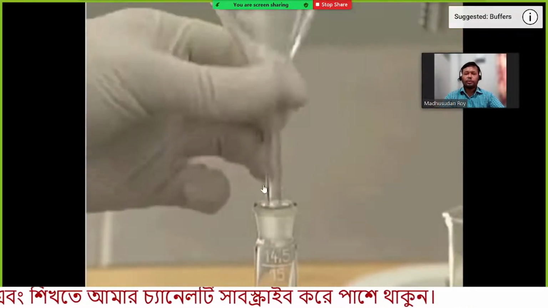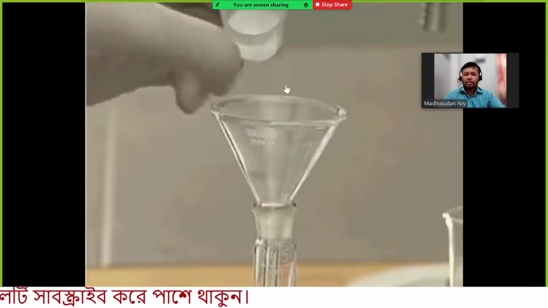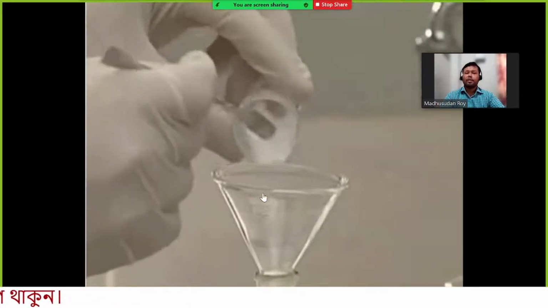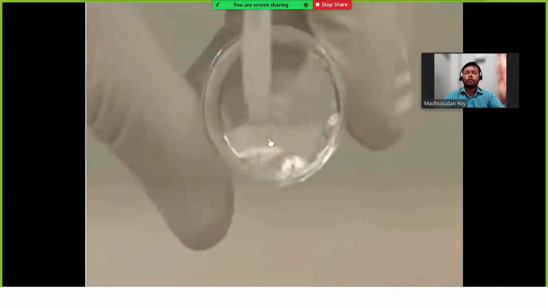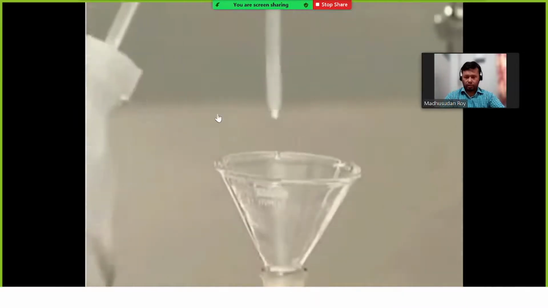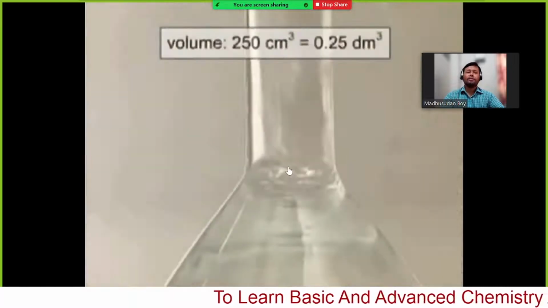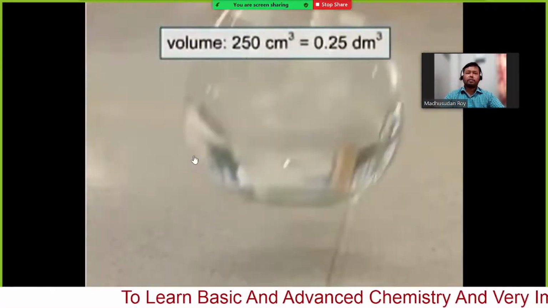So here you can see, using a funnel, they are putting the solid sodium carbonate into the volumetric flask, and adding a few drops of water so that nothing is left inside the container. Now add water up to the mark.